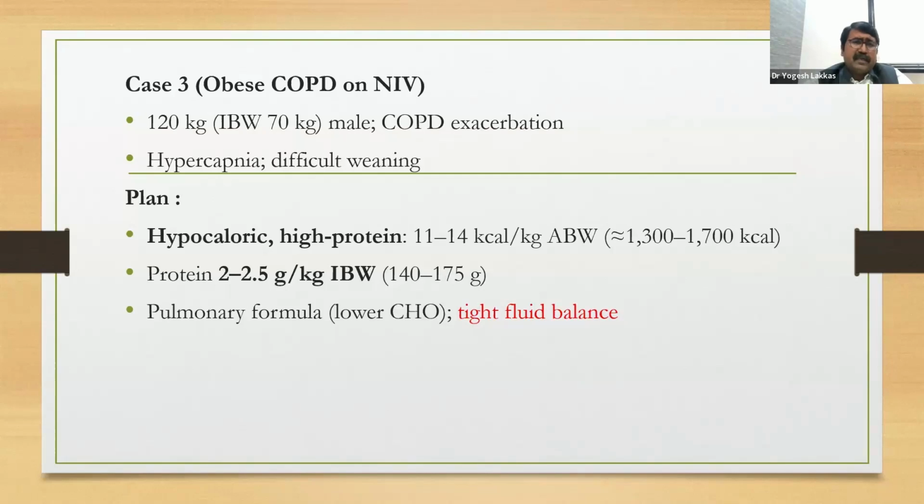Then supplementation of the micronutrients will matter a lot, and you have to be vigilant while planning nutrition for a critically ill patient, and that will save more lives, reduce the mortality, reduce the length of stay in the ICU, and reduce the cost of the ICU for that patient. Thank you very much.